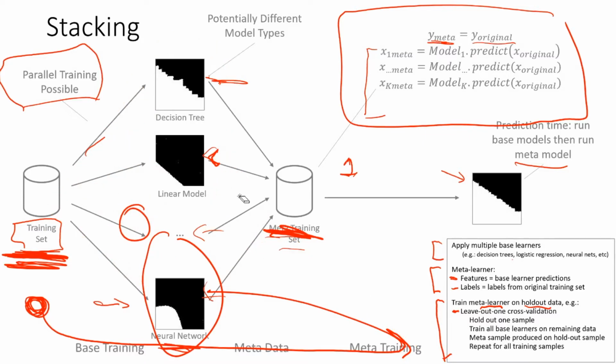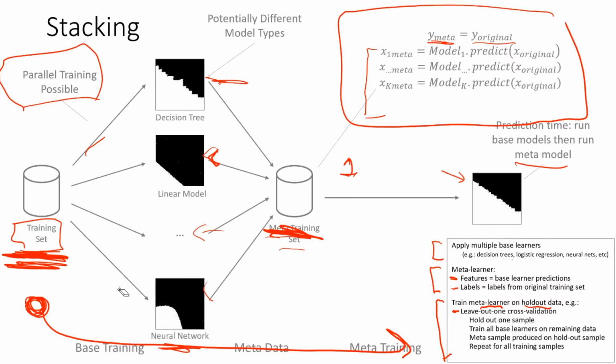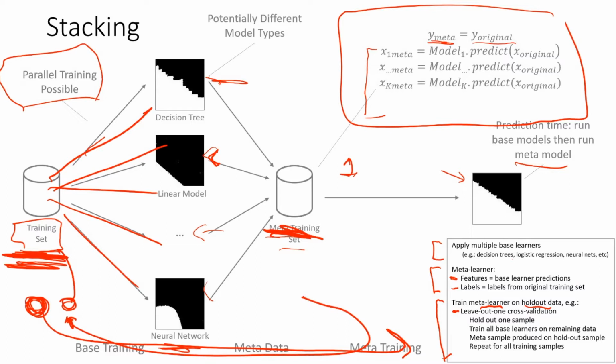Remember that. Let me remove some of these crazy lines. Then you would move on to the next training sample, and you would hold it out, and you would train the base learners on every other sample except for this second holdout sample. Then you would bring the holdout sample over here and apply all of the base models that you just learned to it, and you would create meta training sample number 2.